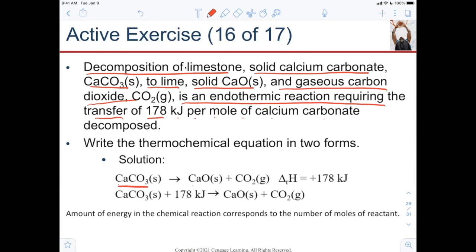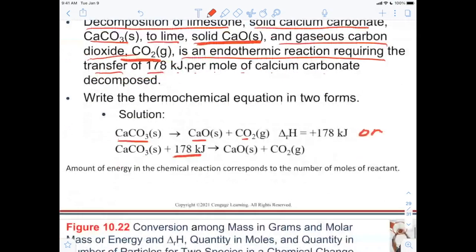CaCO3 decomposes and forms these two, but they do tell you what the products are, right? You have this product and you have that product. So you can write it in this form, or you can write the 178 as part of the balanced equation. Make sure the 178 is a reactant to communicate this reaction is endothermic.